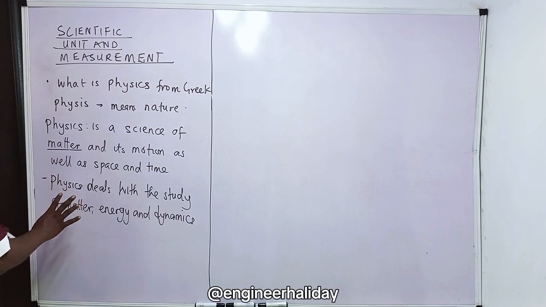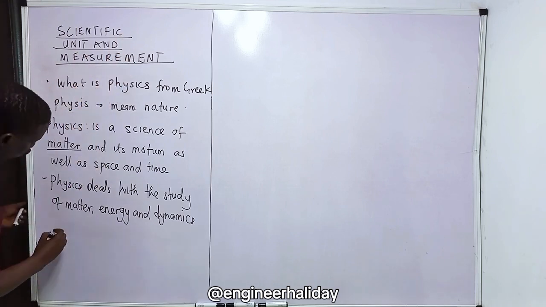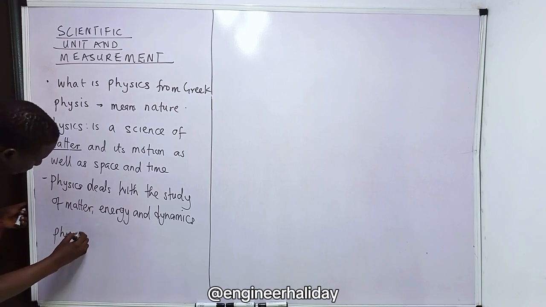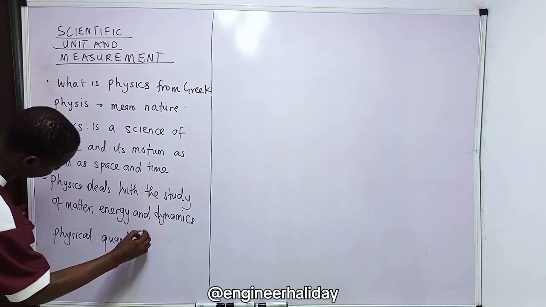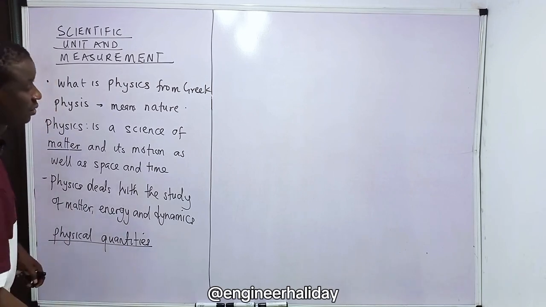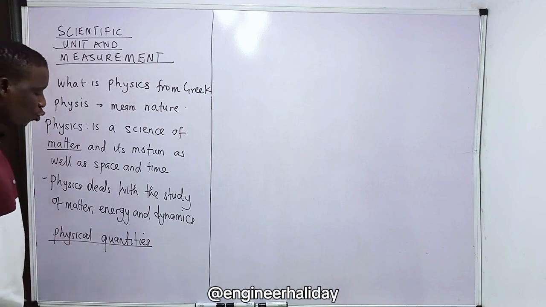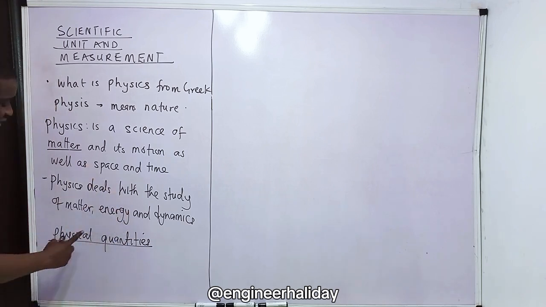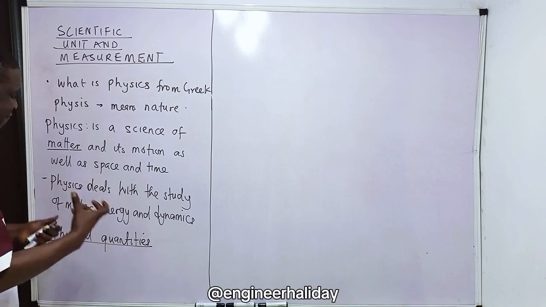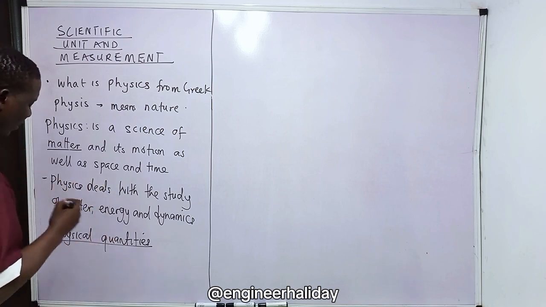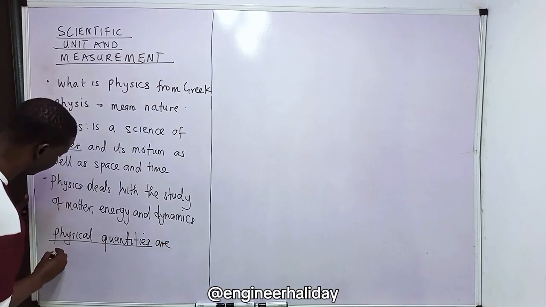Then, if you are talking about the scientific unit, there are two basic words: physical quantities. For us to measure physics, we use what we call a physical quantity. Physical quantity is what we use to quantify everything in physics. And what is a physical quantity?